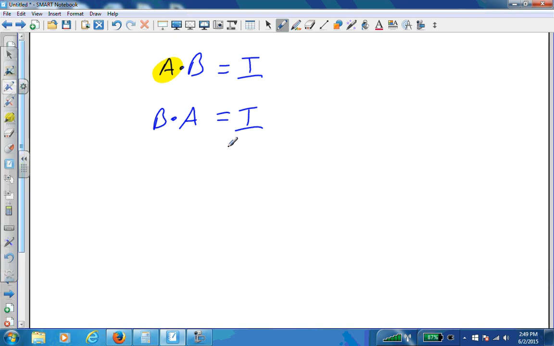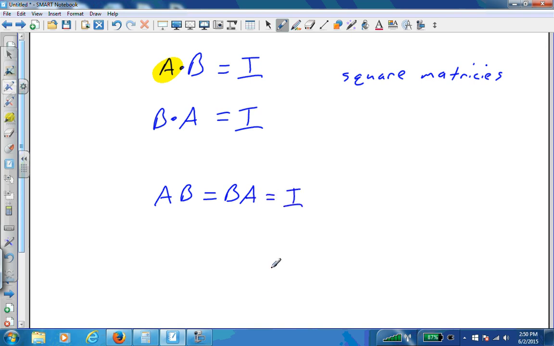So one thing that'll come up is only square matrices have inverses. Because in order for A times B and B times A to be the same and both give us the identity, they have to result in the same dimension.